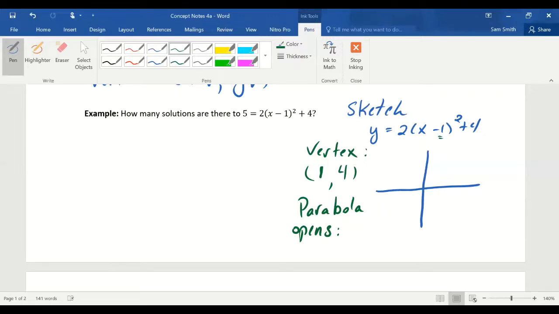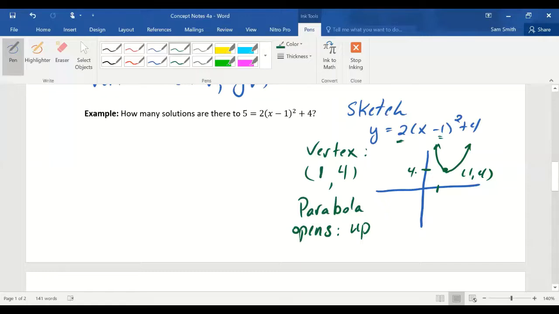Now, does this parabola open up or down? This parabola opens upward because the a value of 2 is positive. So I'm going to navigate now to the point 1, comma 4. That's our vertex. And I'm going to draw the parabola opening up from there.